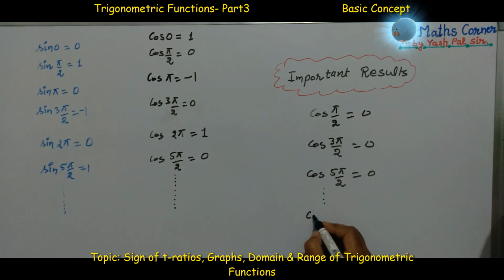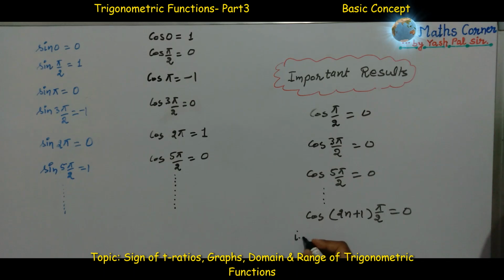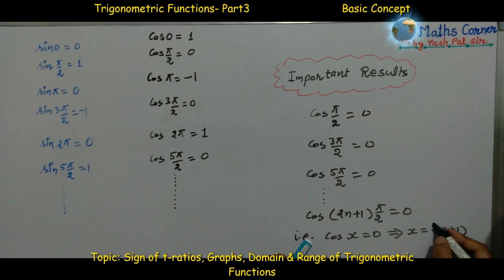What we can say is cos of an odd multiple, meaning 2n plus 1 into pi by 2, the value is always 0. That is what we can say here: cos x is equal to 0 implies x is equal to 2n plus 1 into pi by 2, where n belongs to any integer.